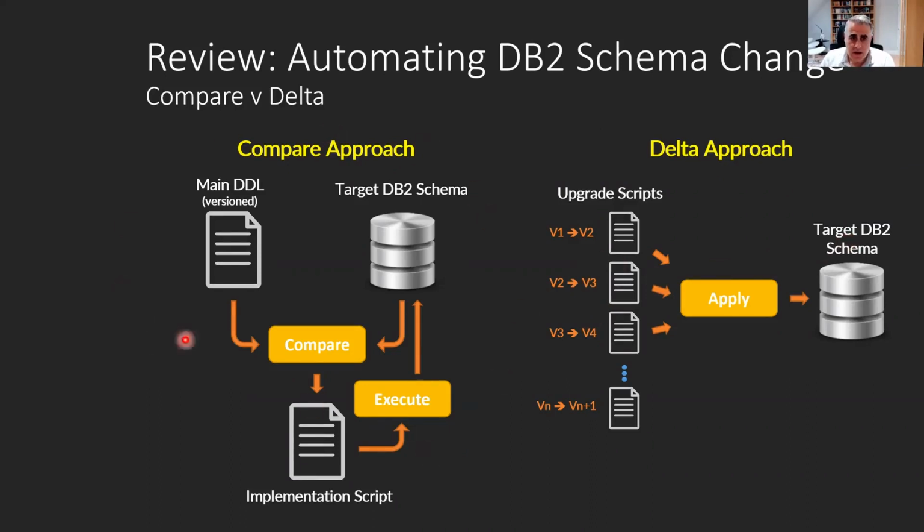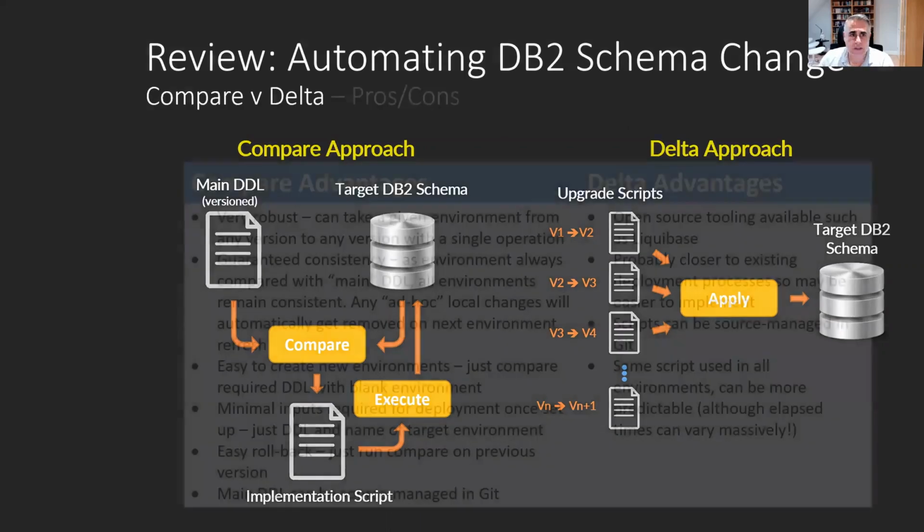So I very much advocate the compare approach when it comes to automating schema change. There are certainly reasons why you may want to consider Delta. I'm not suggesting it's a slam dunk that compare is always best, but I believe that compare gives the best general balance in terms of the most robust way of automating this schema change.